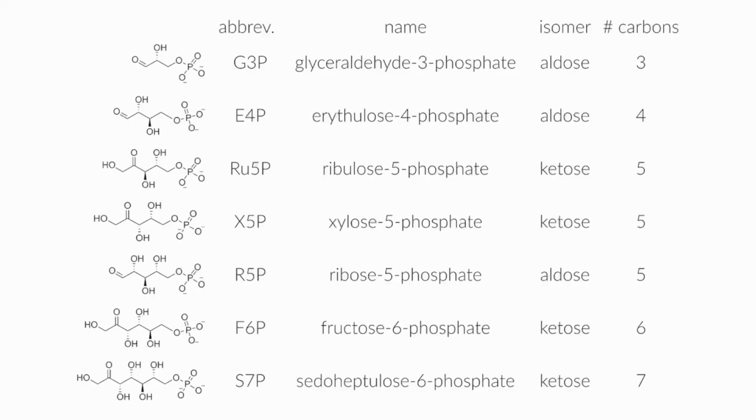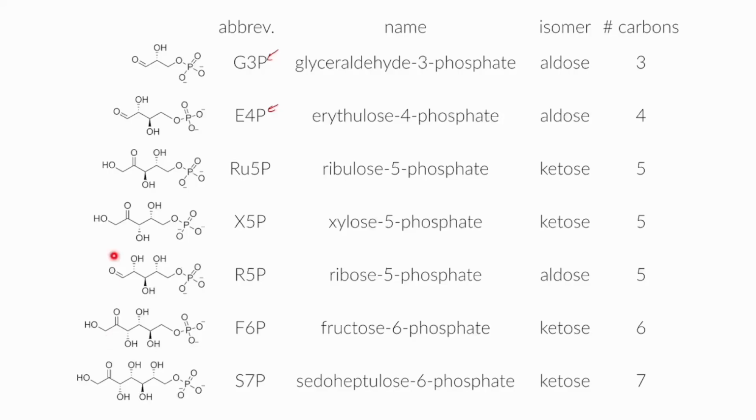One of the things you might observe is they all have a P at the end. And that's because every single one of these has a phosphate stuck onto its highest numbered member. So if you think about it, these are all sugars. So they have on this side an aldose or a ketose, aldose, ketose.